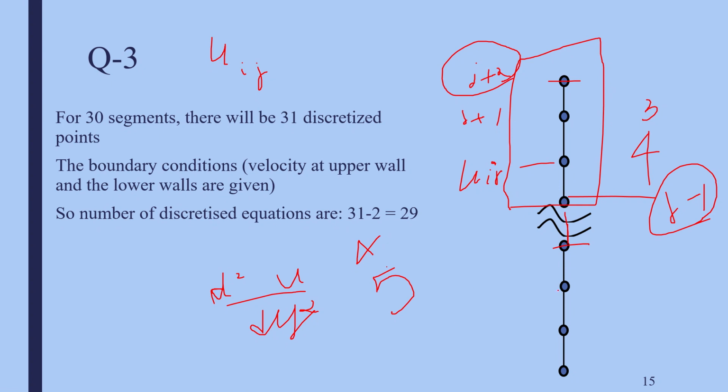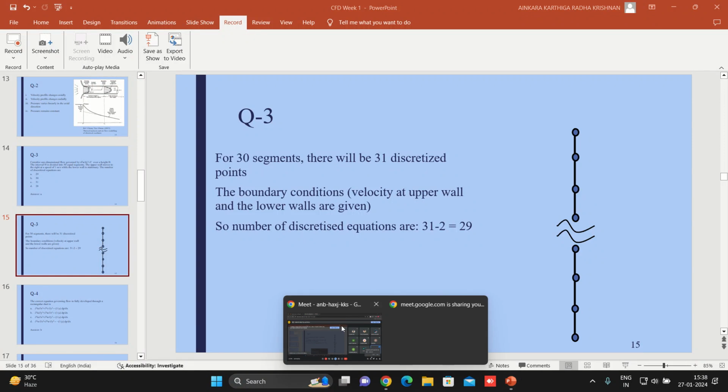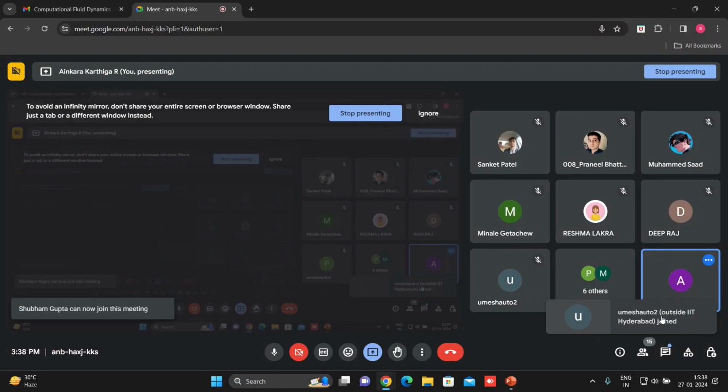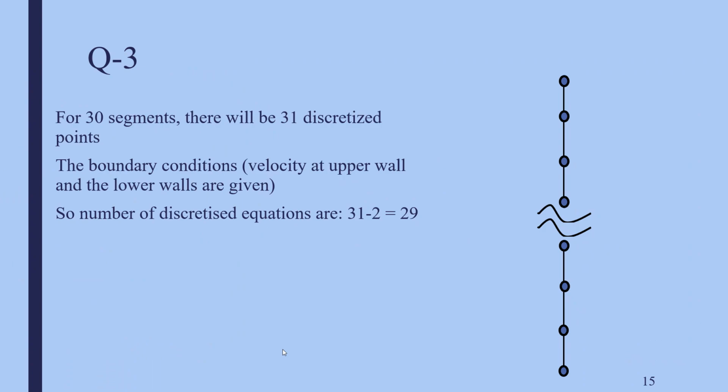If one more is included, we would be having 5 segments and 6 points, out of which we exclude 2. So consider we have 6 points, I mean 5 equal segments.